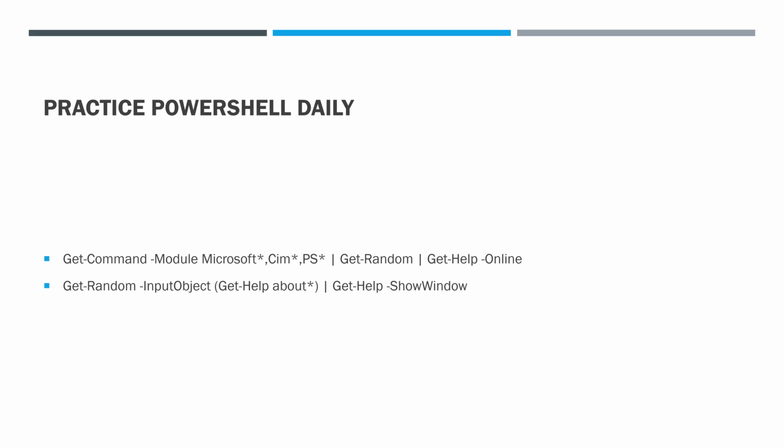If you can't find the time to actually write a PowerShell command or type commands, read help at the very least. And here are 2 little one-line commands that you can run on a daily basis. You could put them in a script if you wanted, and say, oh, here's my daily PowerShell. Do this over lunch, over a coffee break. It only takes you a couple minutes. All of this will help.